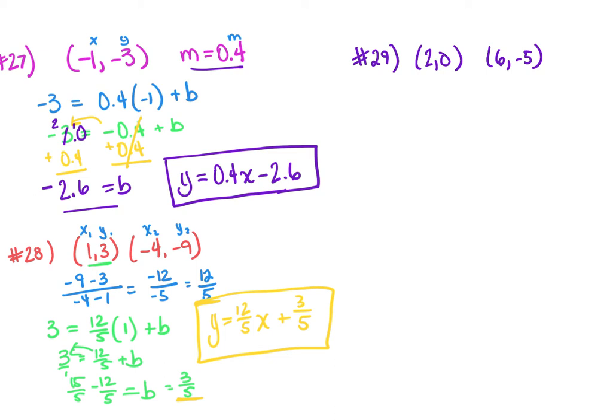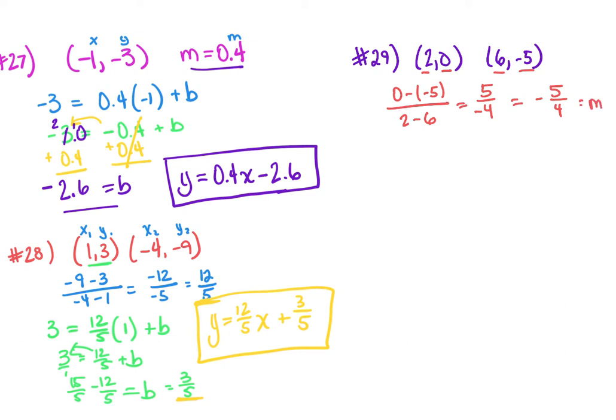So even if I did this, I'm going to say y minus y, 0 minus a -5, x minus x, 2 minus 6. 0 minus a -5 is +5. 2 minus 6 is -4. And so my slope here is -5/4. If you did it the other way, you would have gotten -5 over +4, which is also -5/4. So that is my slope. I have found my m.